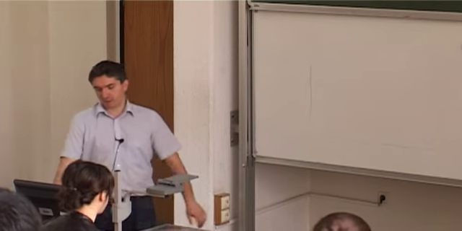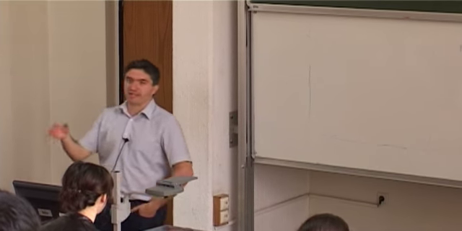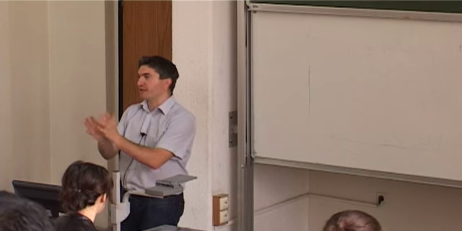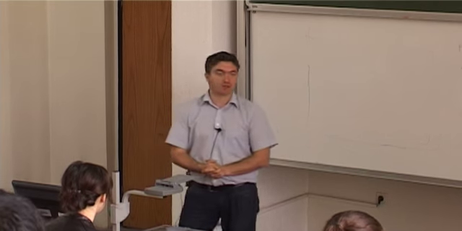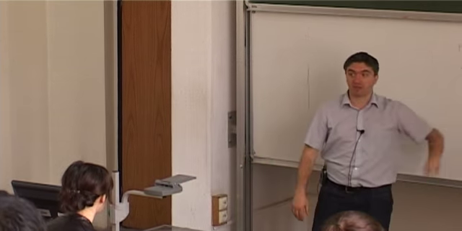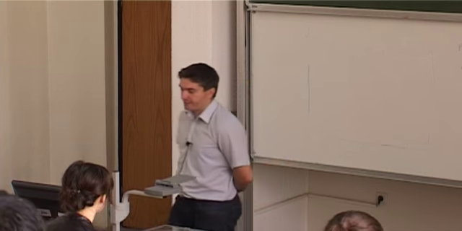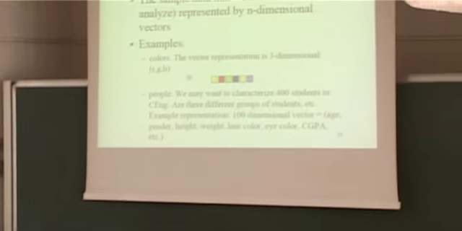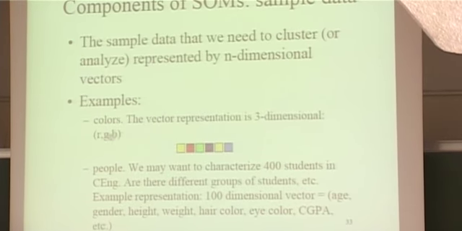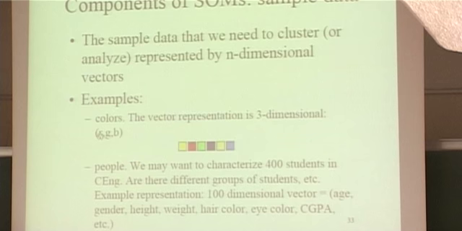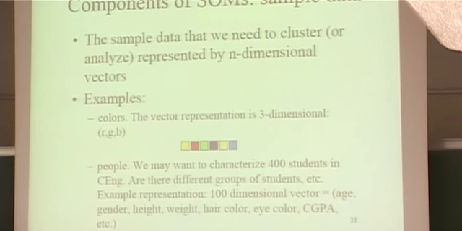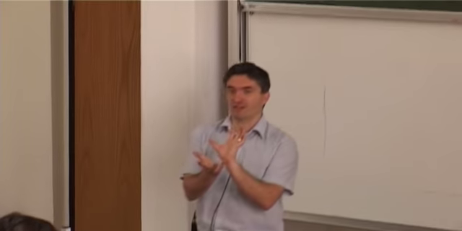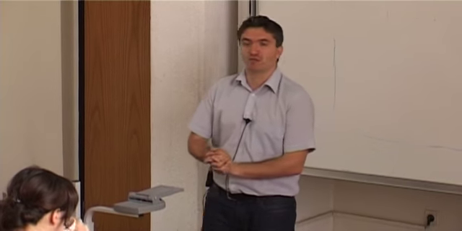Here, a student is going to be represented in a high-dimensional space. However many features you have, your student is going to be a point in that high-dimensional space. Another example may be color, okay? Color is a 3-dimensional vector representation. But 3 dimensions is not a very good example for a self-organizing map because you can visualize 3 dimensions. So color space is actually easy to visualize.